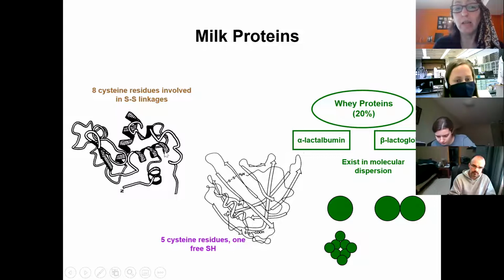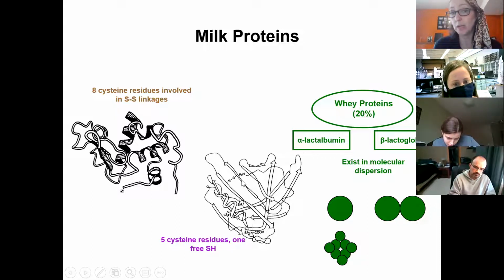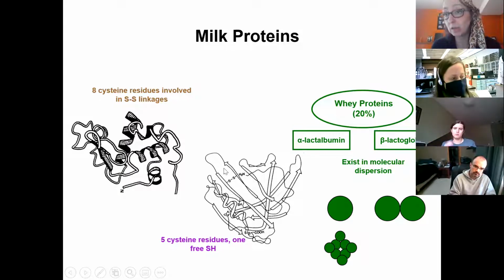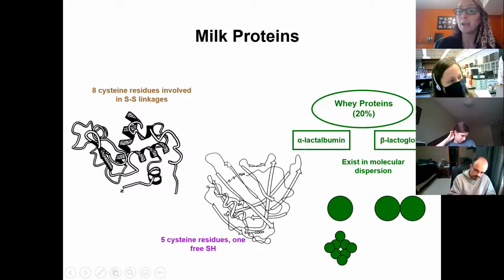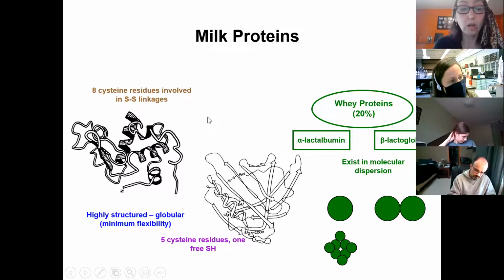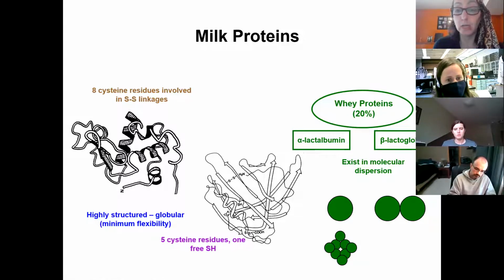So if you have alpha-lactalbumin and beta-lactoglobulin together and they both denature, this free sulfhydryl group can cause disulfide interchange between alpha-lactalbumin and beta-lactoglobulin as well. So it's not just interactions between beta-lactoglobulin. So highly structured, minimum flexibility, unlike casein.